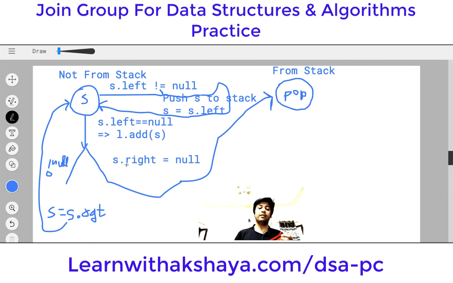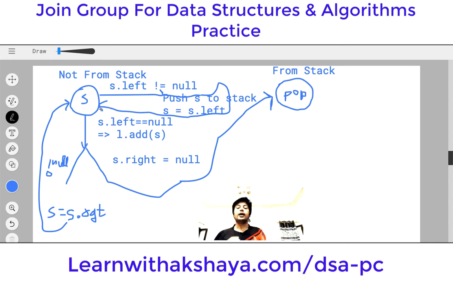And if s dot right is equal to null, we understand that we need the next node which will come from the stack, so we are going to pop and do it, right? The other condition which was left was if s dot left is not equal to null. Then we will have to take care of that. And how do we take care of that? By pushing the s node onto the stack, right? And then we move s is equal to s dot left, because if this is not coming from the stack, we will come to this state.